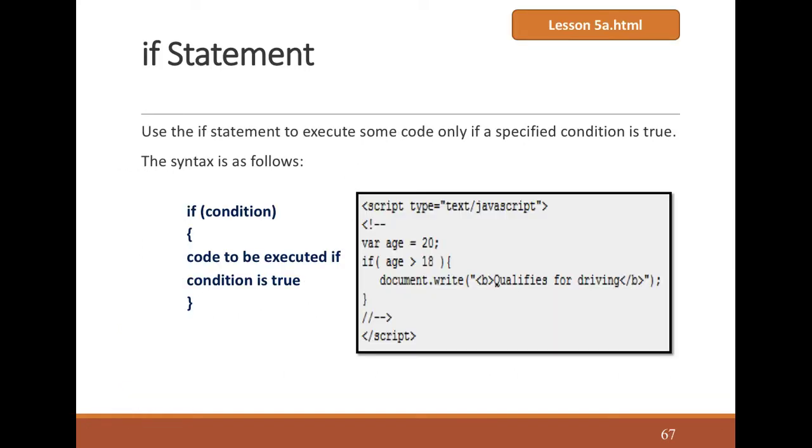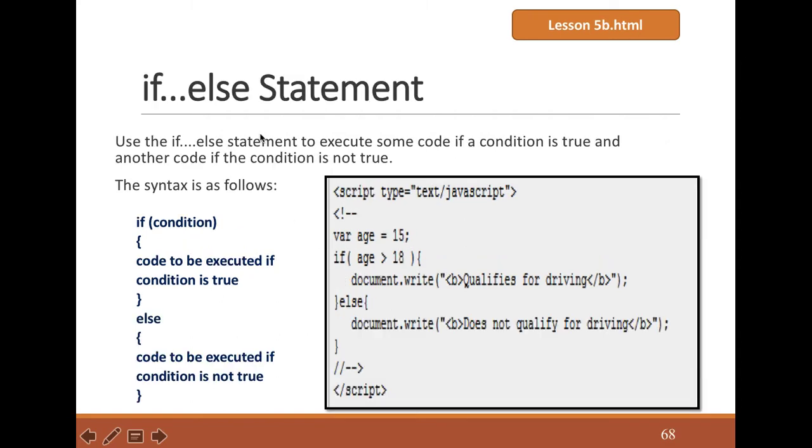If you look into our lecture notes, this is very clear code. In the example here, var age is 20. If age is greater than 80, then you write qualify for driving. Else, you didn't put anything on else for this code.